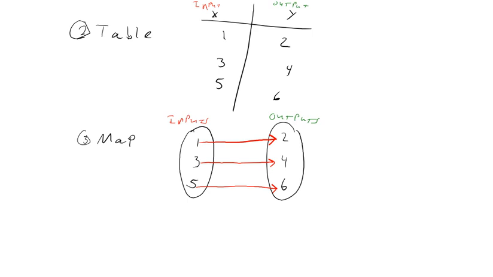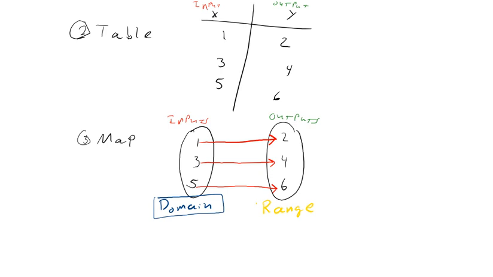So the word we use instead of inputs is called the domain. Inputs are the domain, and outputs are the range. We have these other words for inputs and outputs. Input is domain, output is range.